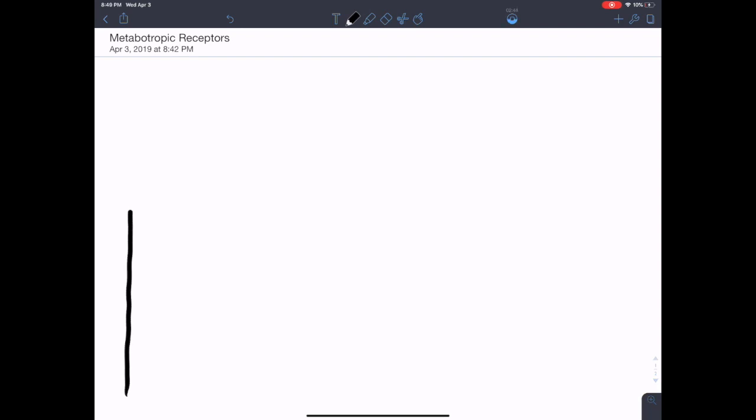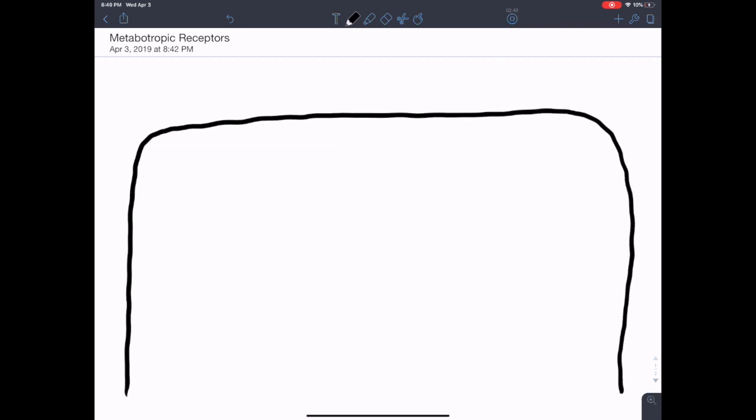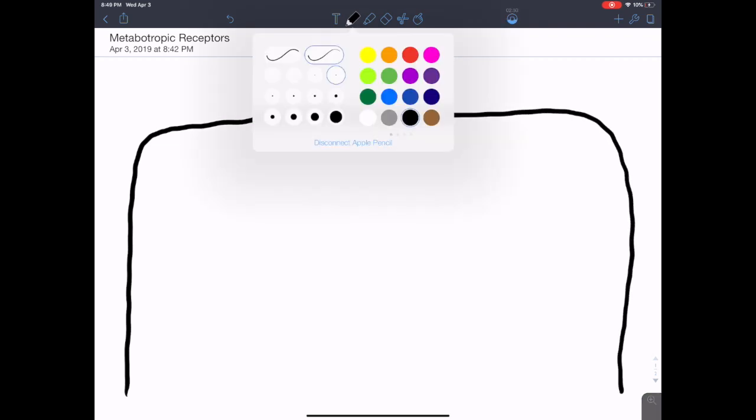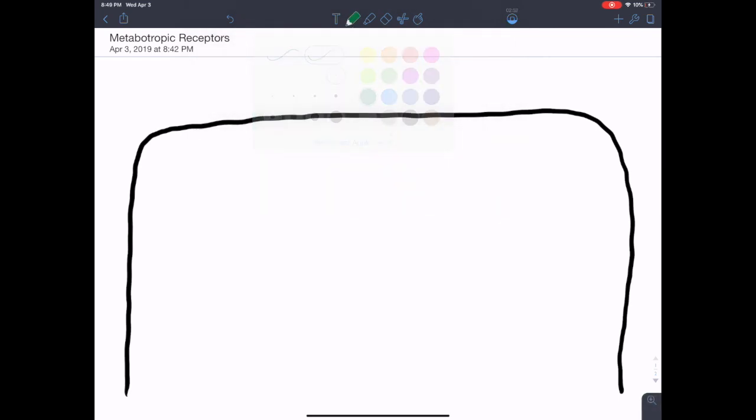So if we take our cell here, we can draw, and I'll draw all this in green so we remember it's stimulatory. We can draw our G alpha S. So here's our G protein coupled receptor. It has 7 transmembrane regions, and it's conjugated to a heterotrimeric G protein complex.